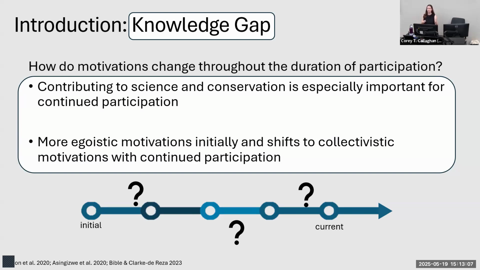And then it's also found that egoistic motivations are more important initially, and then those shift to be more collectivistic as we continue our participation. However, a lot of these studies are basically asking people for their initial motivations and then their current motivations. But that leaves this space of time in between that initial and that current kind of up in the air. And that's the direction I went in with my research, trying to fill in that gap there.